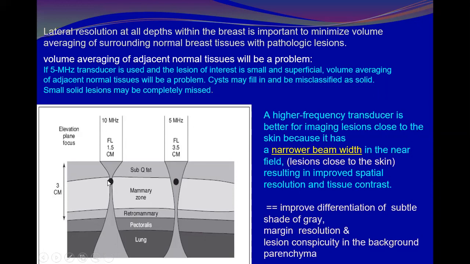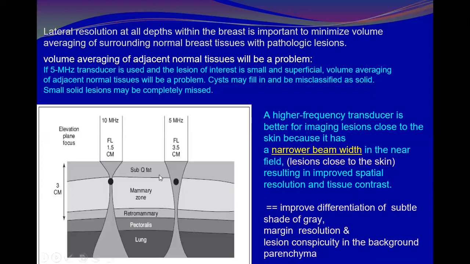You can see the lesion sharply delineated, but if it is not at the narrowest part of the beam, high or low, it will affect the lateral resolutions, and this part will give a volume averaging, and this volume averaging will affect the margins of the lesion as well as the content of the lesion itself.